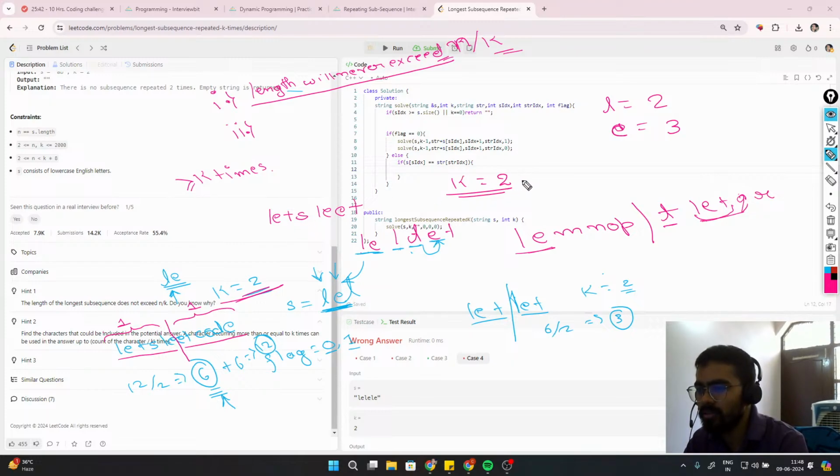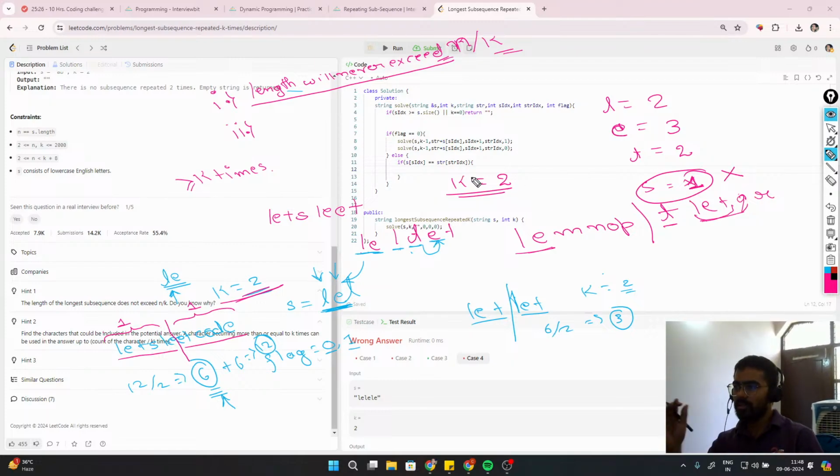Now T is also repeated 2 times. T can also be in our potential answer. No, S cannot be in our potential answers, right? Because it is only one repeated once and we need two. So that cannot be kept in our answer. That is perfectly fine.